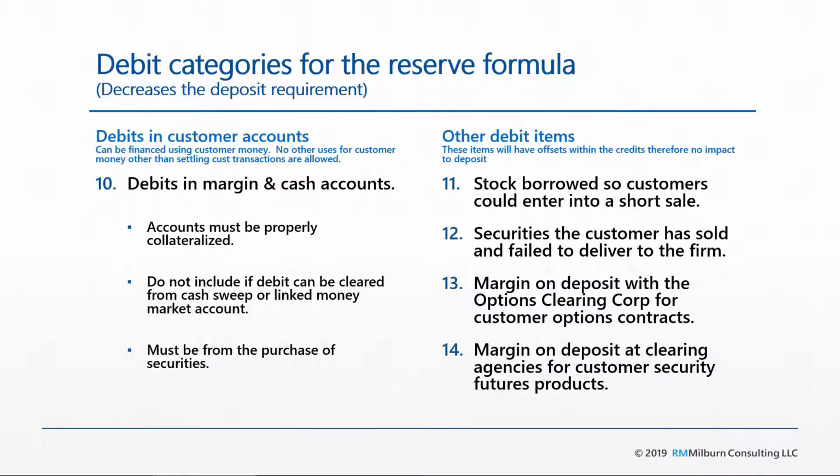Items 11 and 12 are securities borrowed and fails to deliver. And finally, 13 and 14 are cash received from customers and placed on deposit with either Options Clearing Corp or at other clearing agencies. For this presentation, we're only going to be using items 10, 11, and 12.